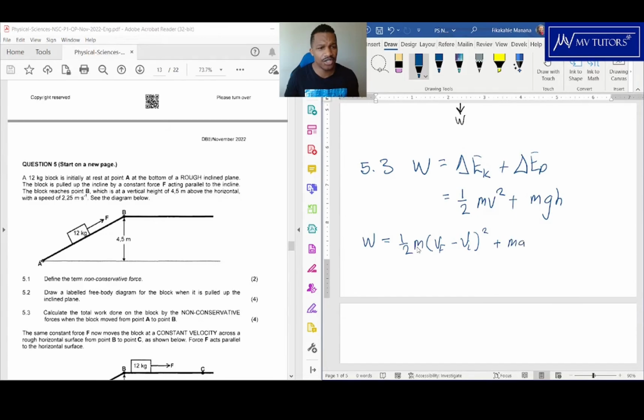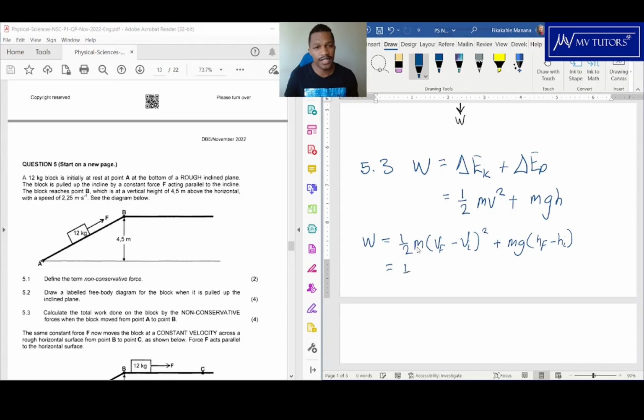Mass doesn't change, gravity doesn't change, but the h changes, so once again it's the final height minus the initial height at A. Okay, let's go in now and put in the numbers.